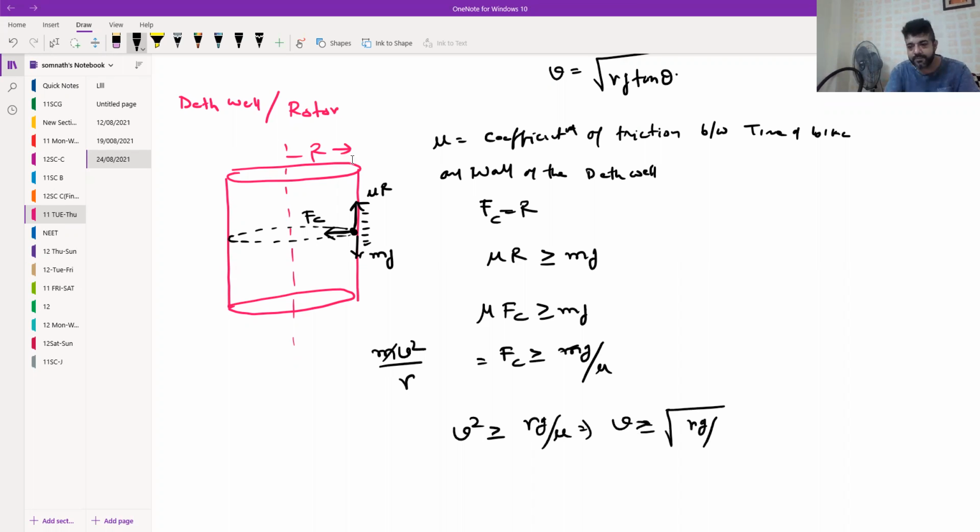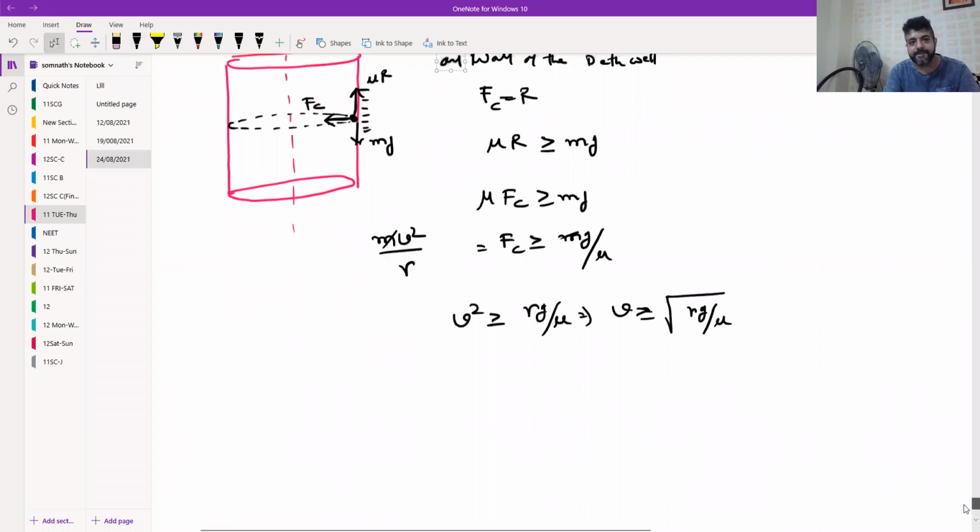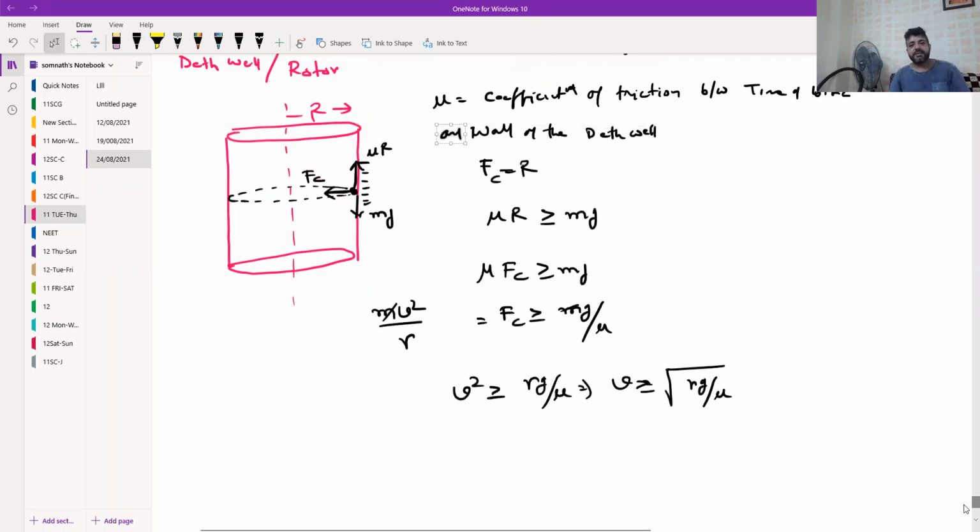Now see what happened. Here the speed is a minimum, which means if you do not maintain that minimum speed, you will not survive, you will move downward. So at least you have to maintain the minimum speed.